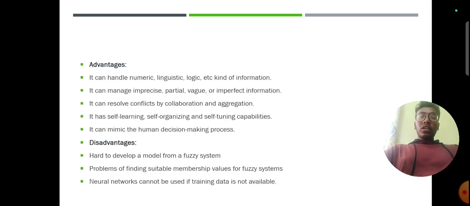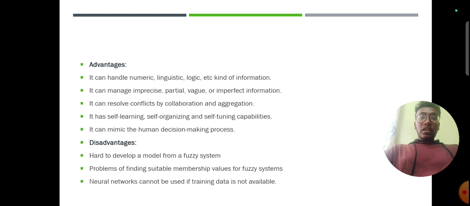And what are the advantages of this model? It can handle numeric, linguistic, logic, etc. kinds of information. It can manage imprecise, partial, vague, and imperfect information. It can resolve conflicts by collaboration and aggregation. It has self-learning, self-organizing, and self-tuning capabilities.